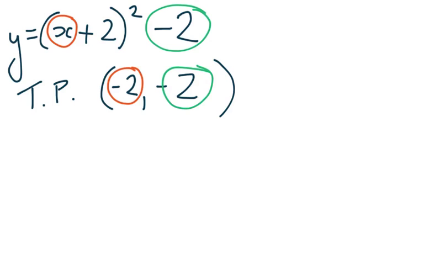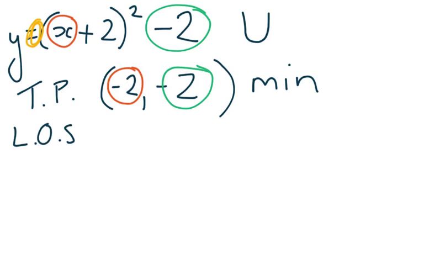Now, because there's no negative out the front here, where the yellow is, that means that it is a graph that looks like this, therefore being a minimum. Our line of symmetry is x equals -2 because it matches the x coordinate of the turning point.